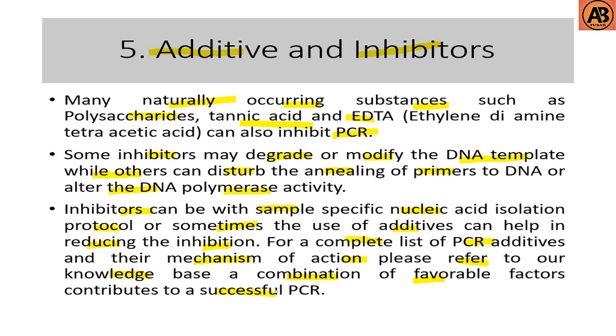There are some additives such as ammonium sulfate, TMAC, formamide, betaine, DMSO, EcoSSB, T4 gene 32 protein, deoxyguanosine, etc. Then there are some PCR inhibitors such as proteins, fats, humic acids, phytic acids, immunoglobulin G, bile, calcium chloride, EDTA, heparin, ferric chloride, etc.